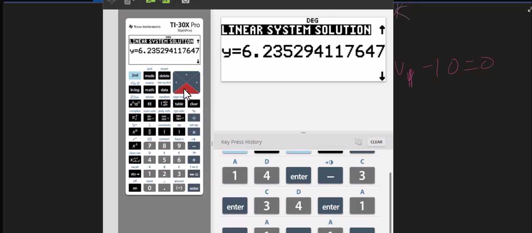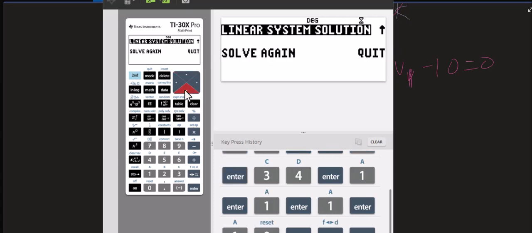No. What's the answer? V out is supposed to be 5.42.